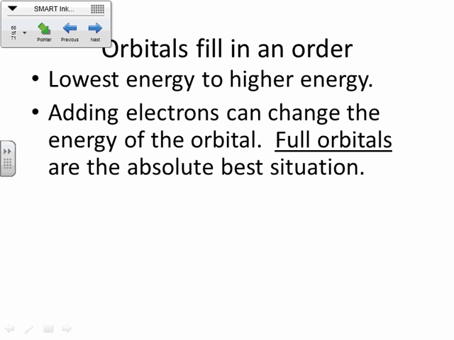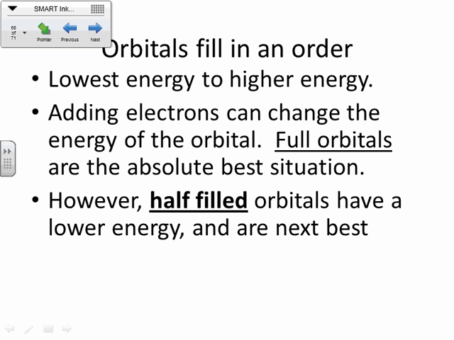Noble gases have completely full orbitals, so that's the most stable situation. But half-filled orbitals are also fairly stable. Like with the phosphorus example we just did, all 3 of those 3p orbitals were half-filled, so that's fairly stable. That's the next best situation after having full orbitals, okay?